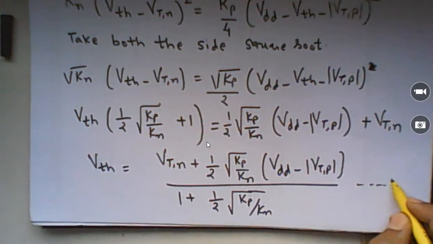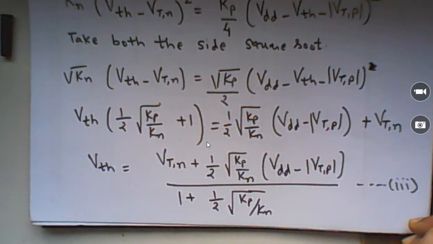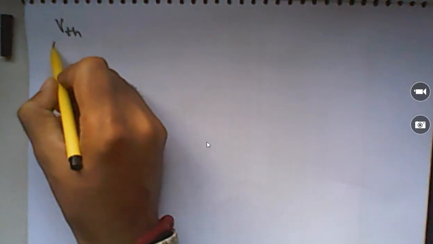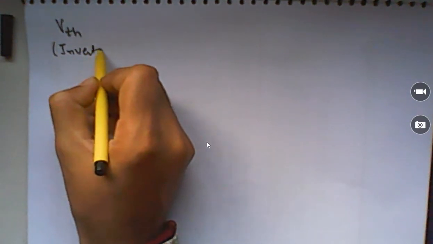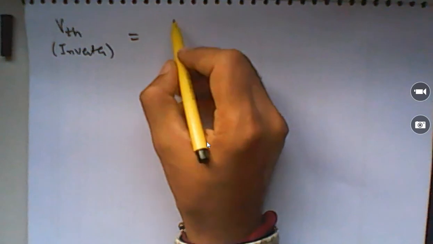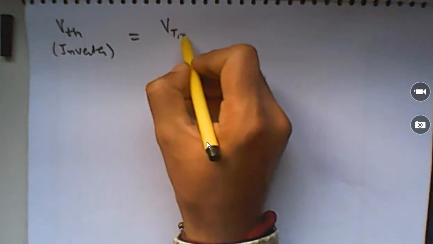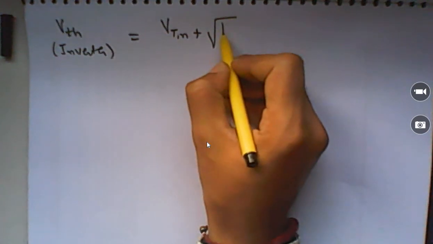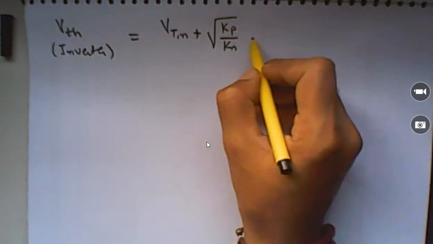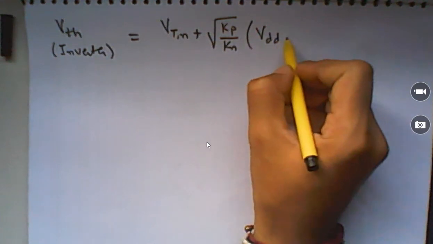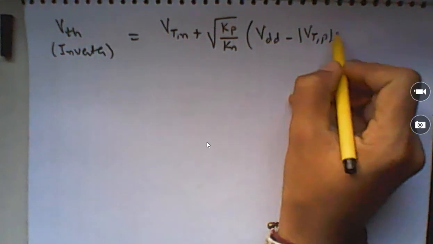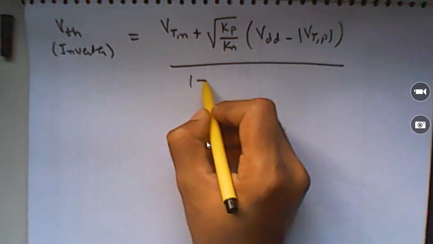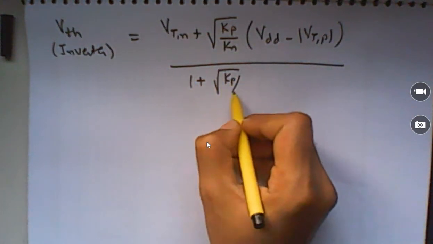Let's compare this switching threshold voltage with the switching threshold voltage of the inverter. We already derived the switching threshold voltage of the CMOS inverter: it is VTN plus root of Kp divided by Kn into VDD minus magnitude of VTP, divided by 1 plus root of Kp divided by Kn.